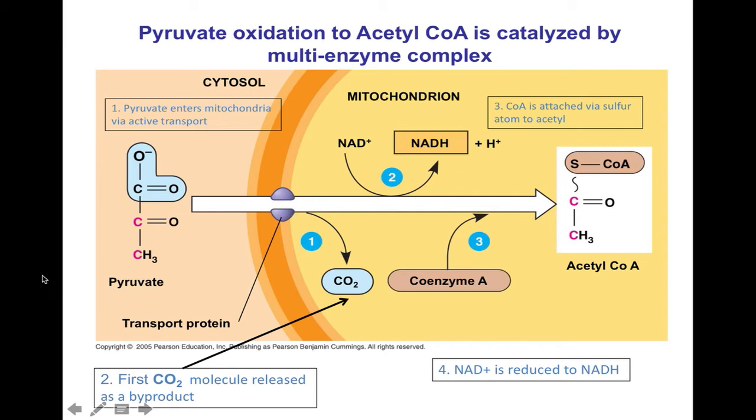So if it is one glucose, then two pyruvates, so there will be two acetyl CoAs. So yes, there will be two NADHs total and two carbon dioxides. Try to understand this. If the question asks per glucose how many acetyl CoAs are formed at the end of pyruvate oxidation, then you have to say it is two, because there are two pyruvates, right? They double up.